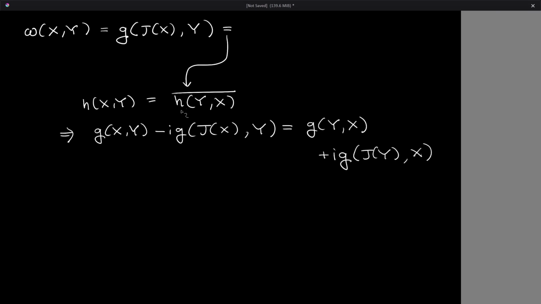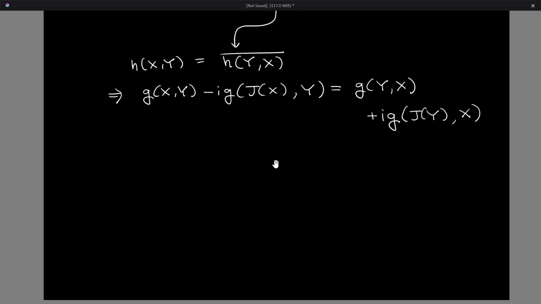From this flipped h, that's where we get that from. So again, if we compare the real and imaginary parts, the real part is self-explanatory, g(x,y) is equal to g(y,x), but the imaginary part tells us that g(J x, y) is equal to minus g(J y, x).